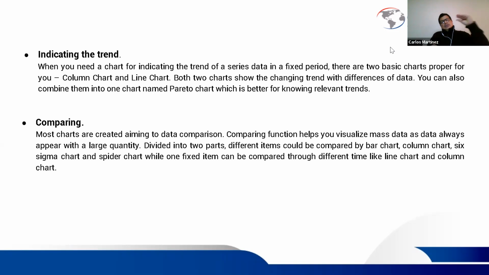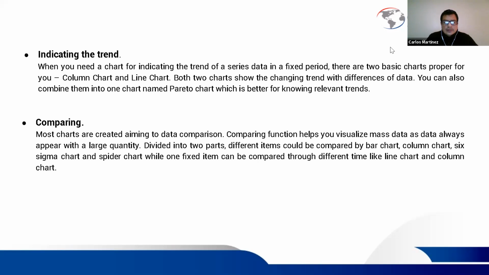For example, for one item, how many of the different columns do you check? The next item, how many of the different columns do you check? That is the Six Sigma chart. And a spider chart, well, one fixed item can be compared at different times, like line charts and column charts. So you can see, basically all of them are used to compare, but it depends on what you want to compare.